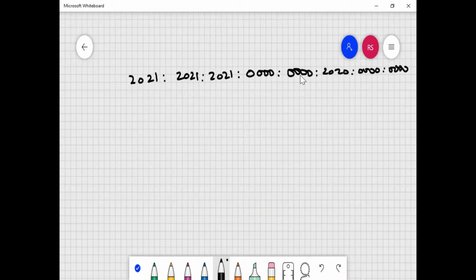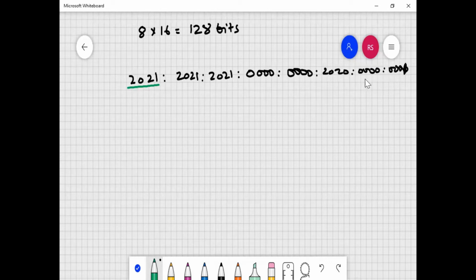1, 2, 3, 4, 5, 6, 7, 8. Okay, maybe let me write down a 1 in the last. So this is your 8 fields, and as I told you, these 8 portions into 16 would lead to 128 bits. And if you check this, one portion has 16 bits inside it.